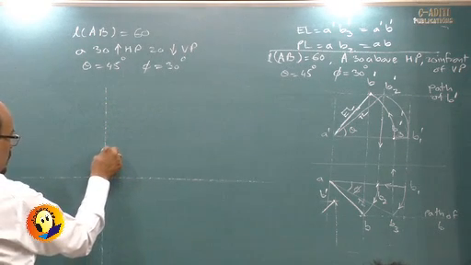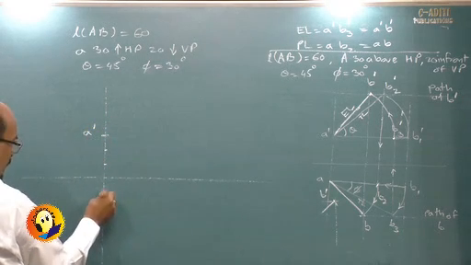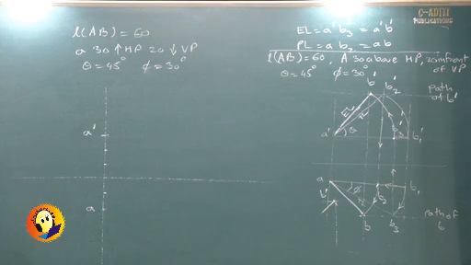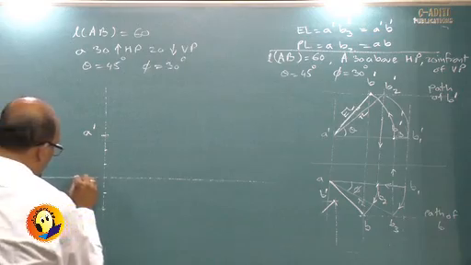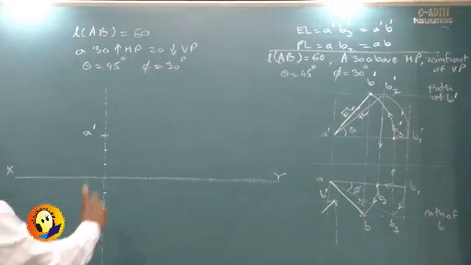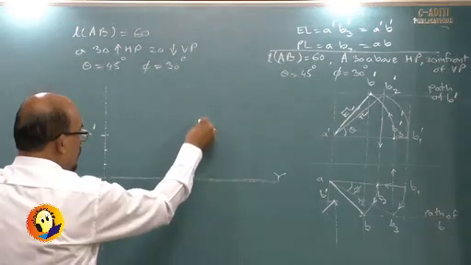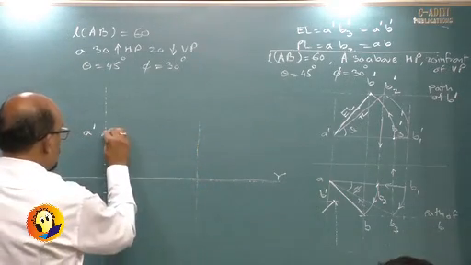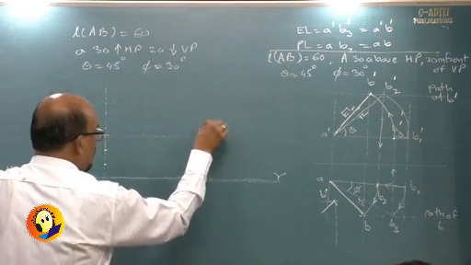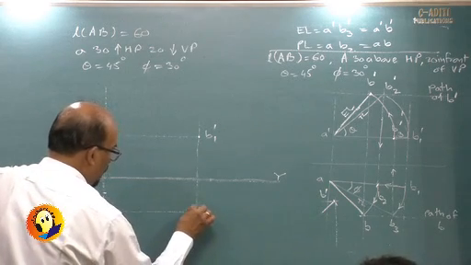So point A has been marked, A dash and A. Then we take 60 millimeters and mark B1 dash and B1.